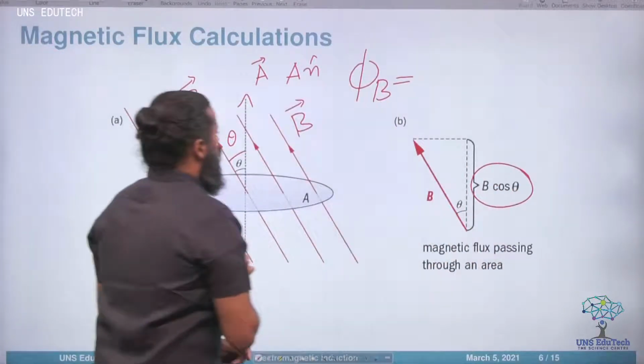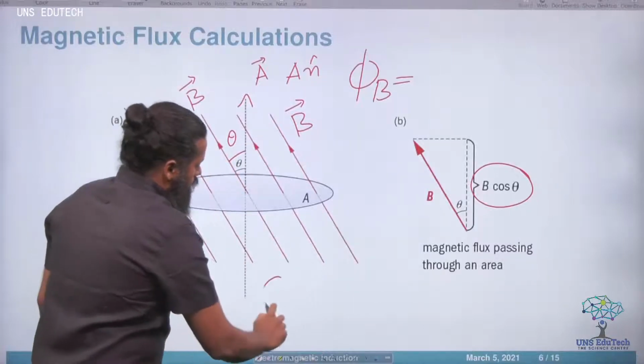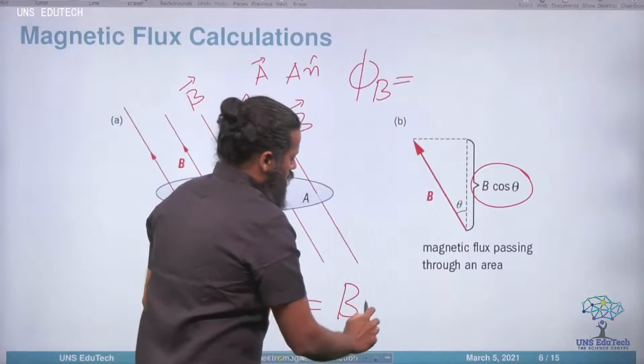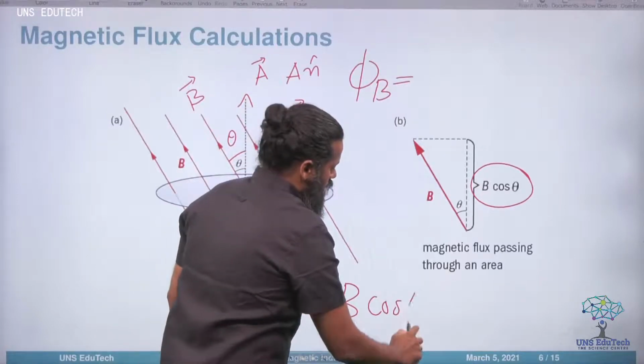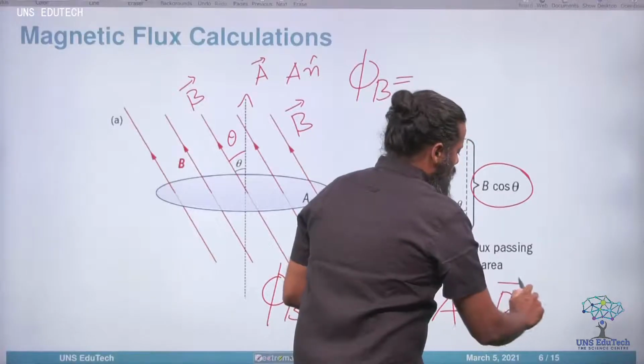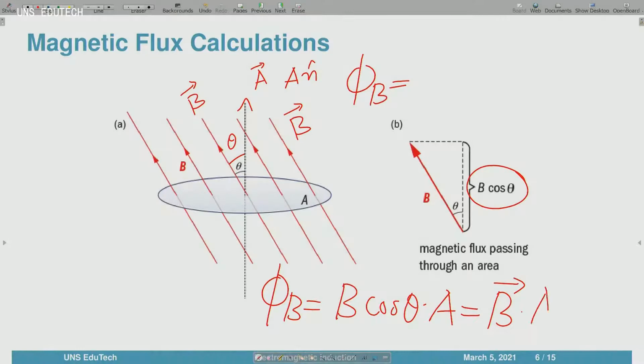Now we can write down that flux will be equal to B cos theta into A. Now you know that if cos theta is coming between two quantities, you already studied, it is nothing but dot product. So we can write down in a simple form, B dot A.